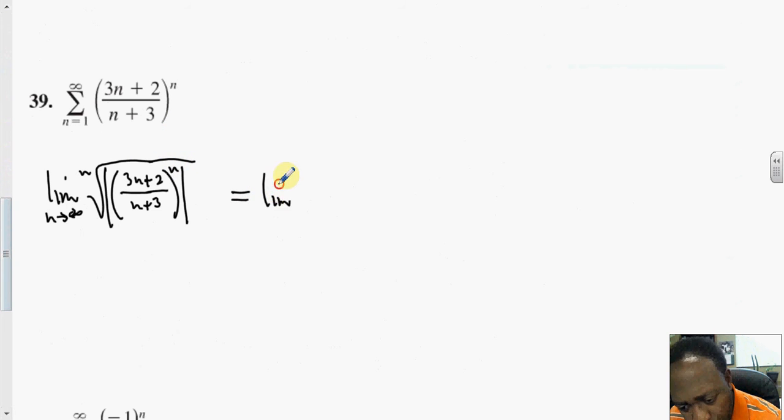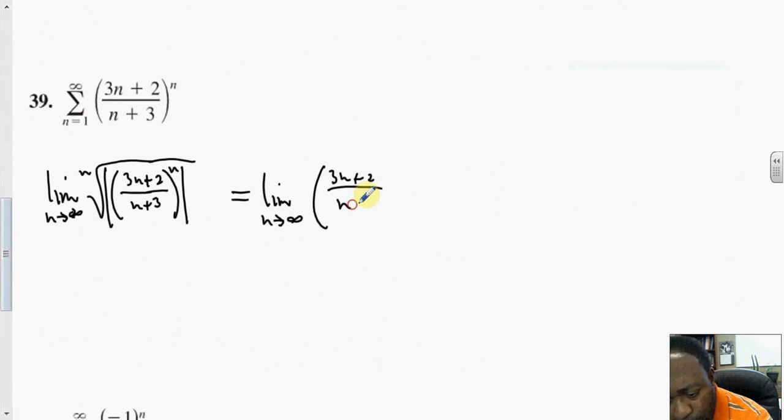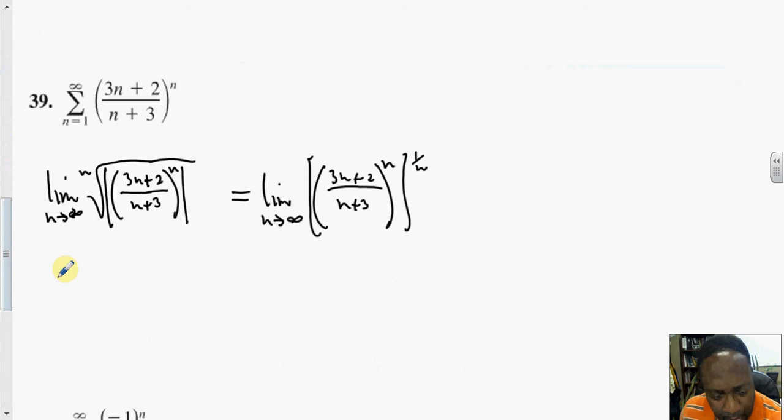So this is the limit as n goes to infinity. Now what you have here is 3n plus 2 over n plus 3, to the nth power, raised to the 1 over n. So those powers cancel out.